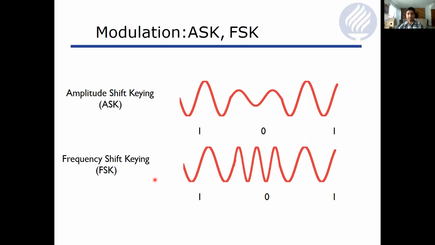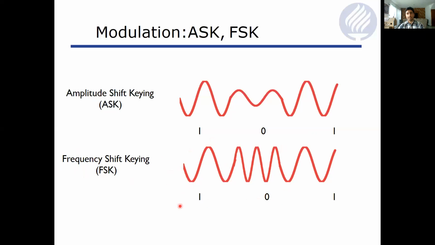For frequency shifting, it works differently. What will vary is the frequency of the signal, not the amplitude. So, for example, to represent 1, we have a low frequency signal, and to transmit 0, we double the frequency of the signal.